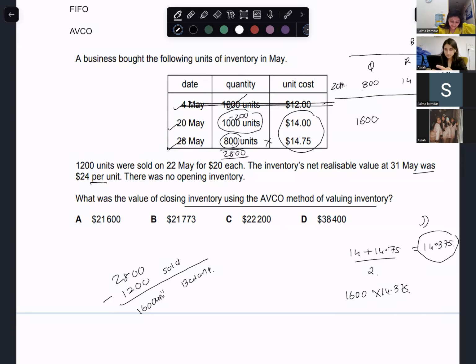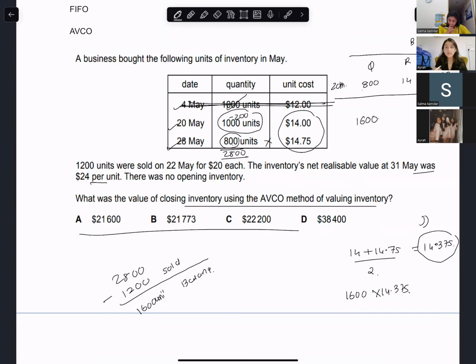Are you getting the correct answer? Yes. What is the amount? 14.375. But I did it like that, 11,200 plus 11,800 is 23,000, and I'm not getting any 23,000 here. So let's do it again. 800 units into 14.75 is how much? 11,800.